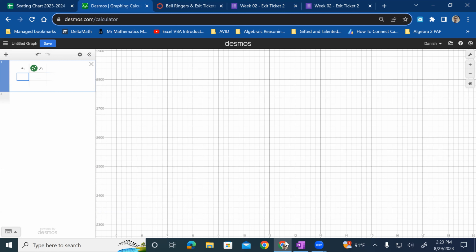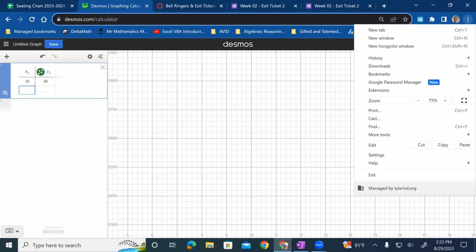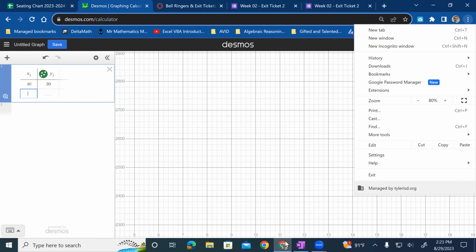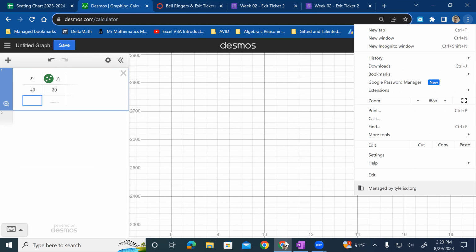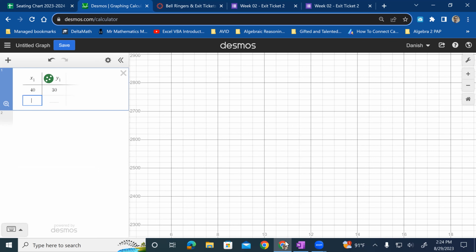We have a 40 there, and for the 40, the value of y is 30. Let's keep on adding the values. I will increase the size a little bit to let you see it better. I'm entering these values here. For 40, it's 30.